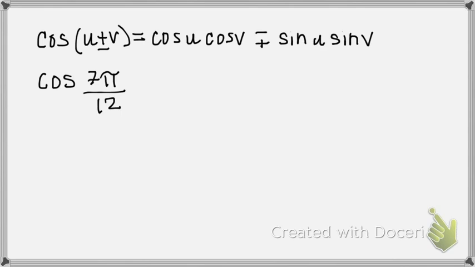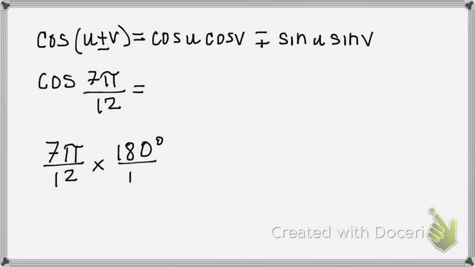I actually think that's a little difficult, at least for me, to think of it in terms of radians. So I'm going to convert it to degrees. I hope it's very simple for you to think of how to convert radians to degrees. 7 pi over 12 times 180 degrees over pi, and then simplify that.